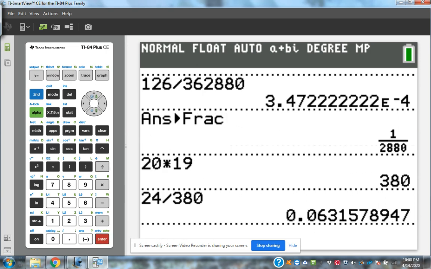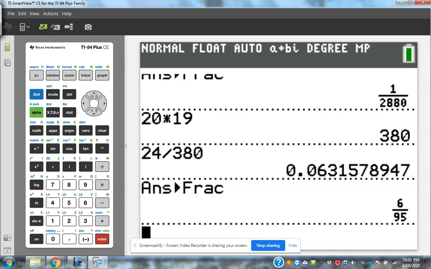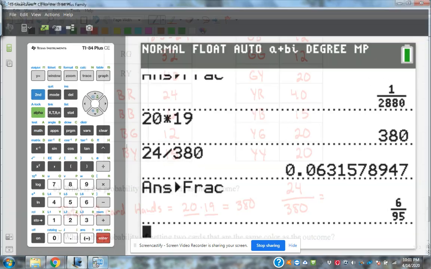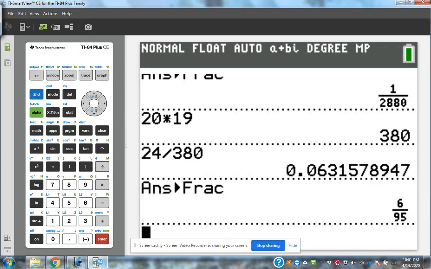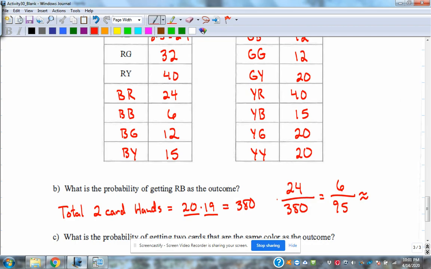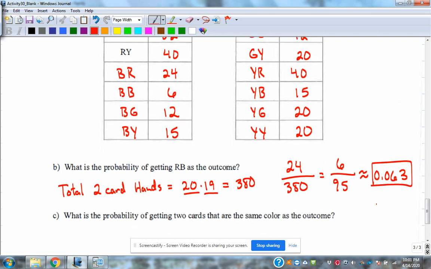There's my decimal approximation. I want to get the fraction. So math, enter, 6 over 95. And a decimal approximation for that, let's go 3 decimal places, 0.063. I think 3 decimal places would be the best for us to do there.